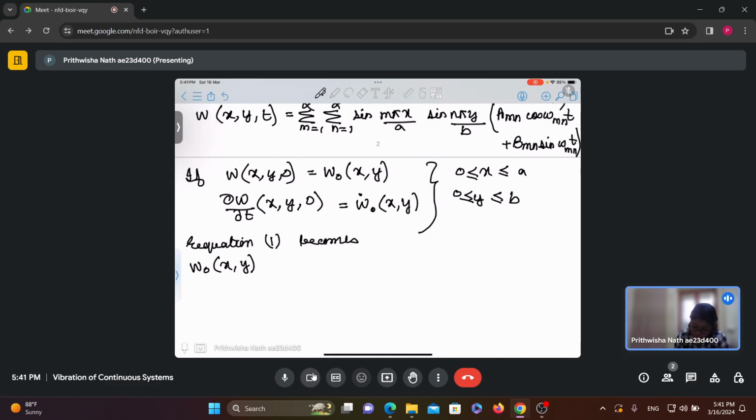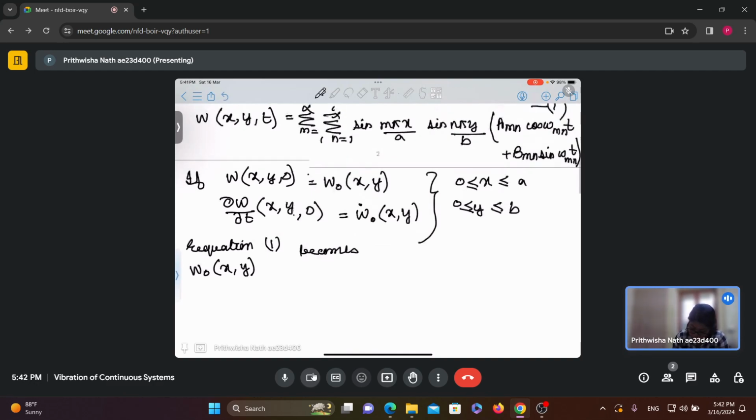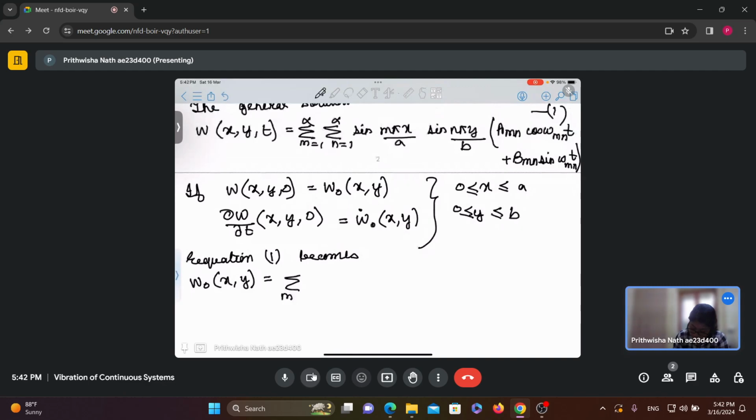The sine terms will remain, and the coefficient for the cos term will be there, so A_mn.